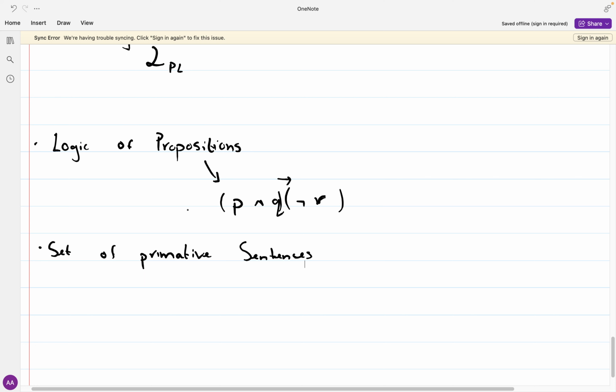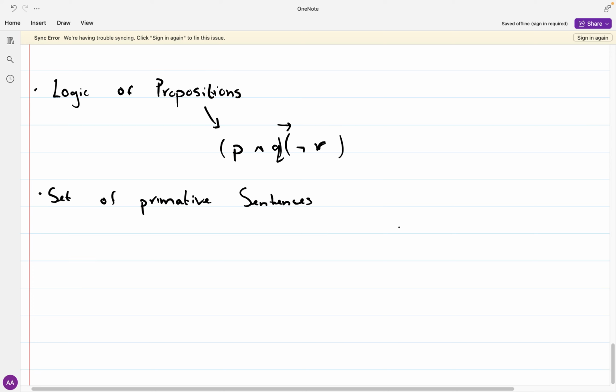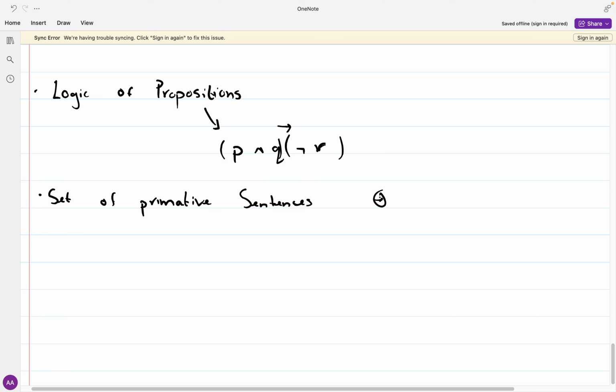Fundamentally, if we were to call the set of primitive sentences by the Greek letter theta, the set of primitive sentences, okay.